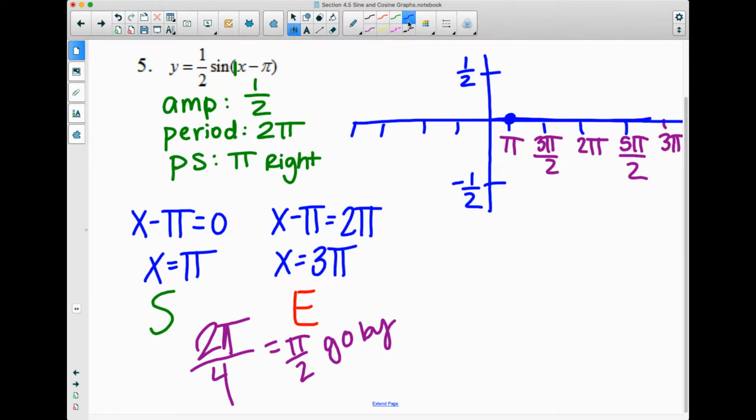And then, again, if you're confident enough in how you set up your x-axis, you don't have to evaluate anymore. Now, if you want to, finish a test, and then come back and double check what you did, you can. I can plug in 3 pi over 2.